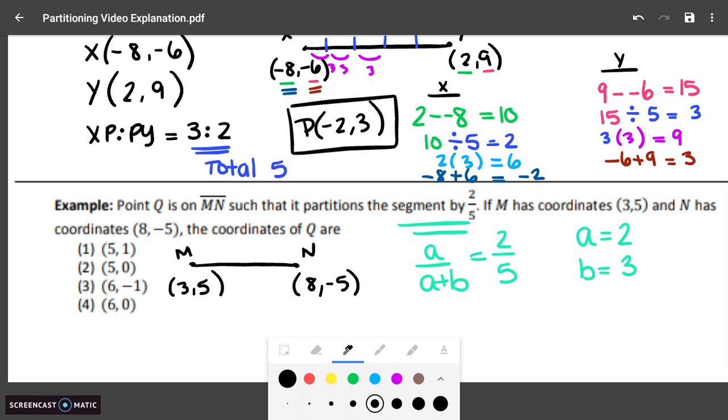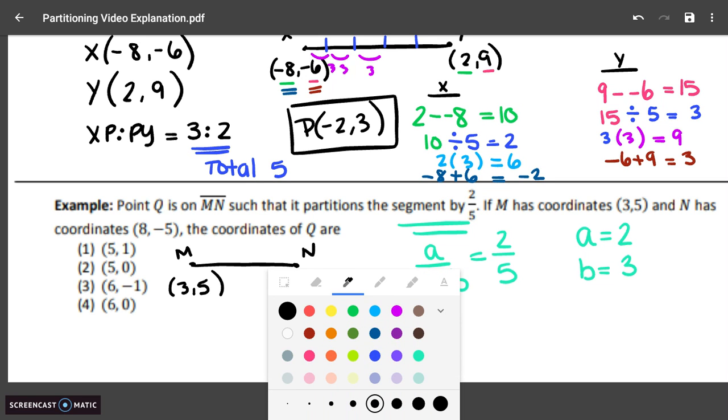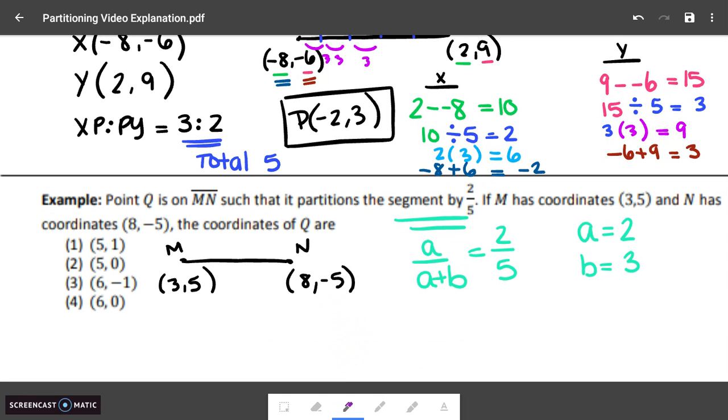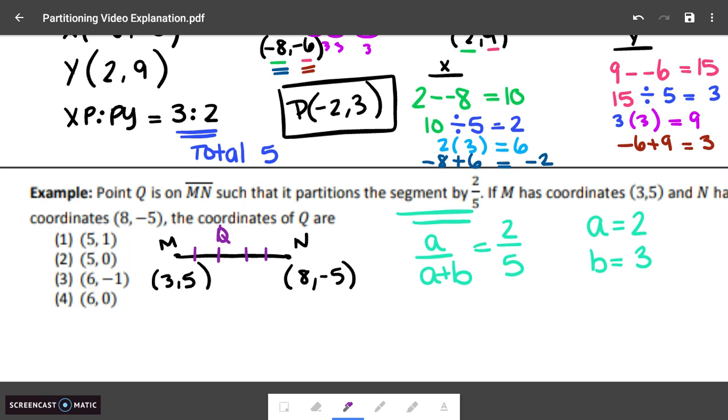Sorry about that. And we're actually splitting it up by a total of 5, not of 7, because the bottom of that fraction is going to be a total of 5. And 2 is the top, so our point Q is 2 away from M, but 3 away from N.